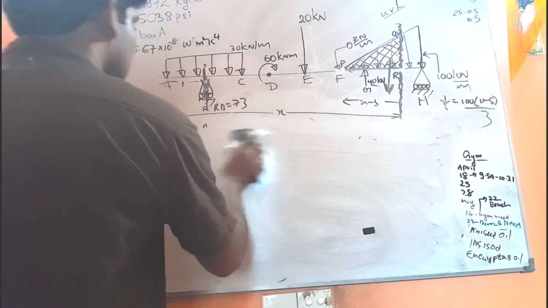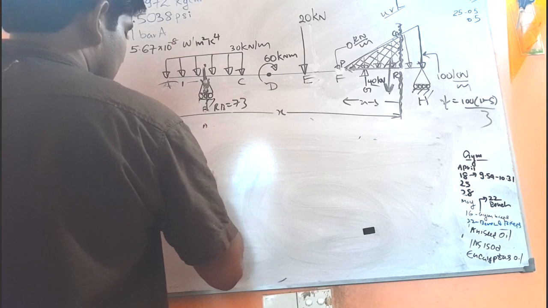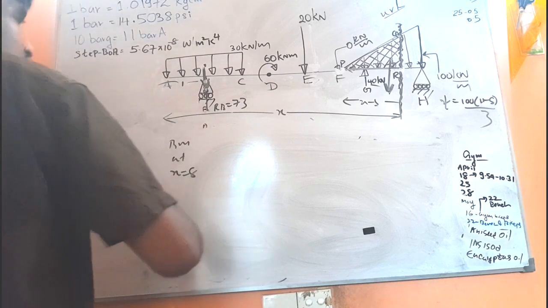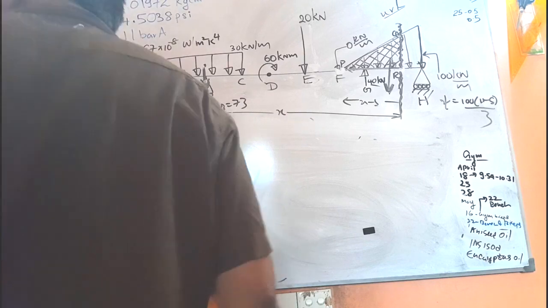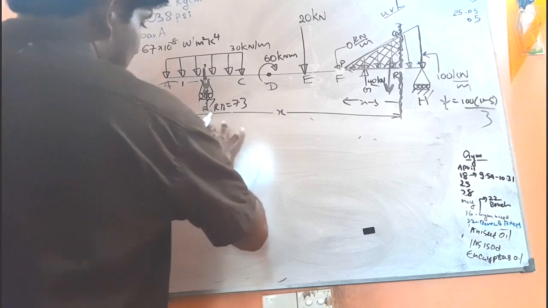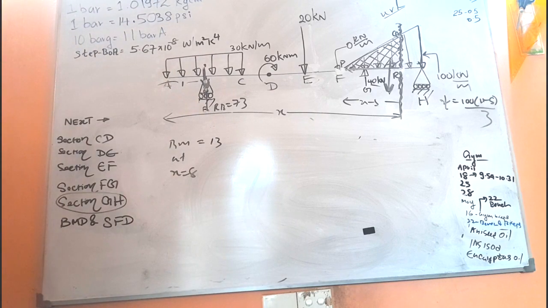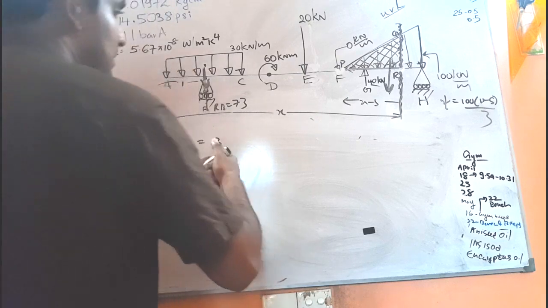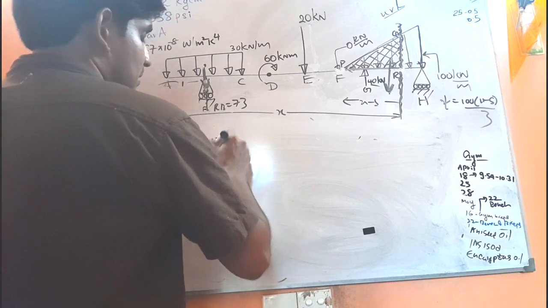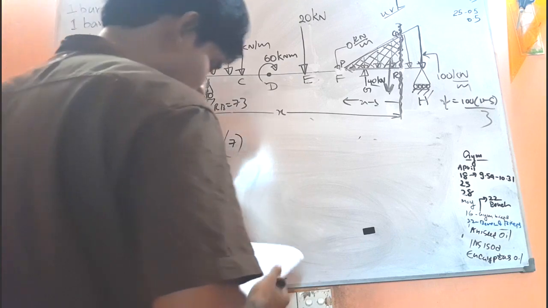Now let's consider the bending moment at x equals 8. So what will be the bending moment at x equals 8? What is the general equation? General equation is 13 times x minus 1, which means 13 times 8 minus 1, that is 13 times 7.